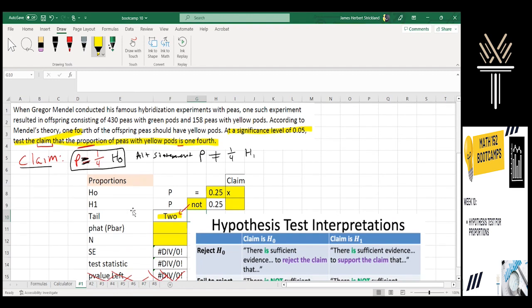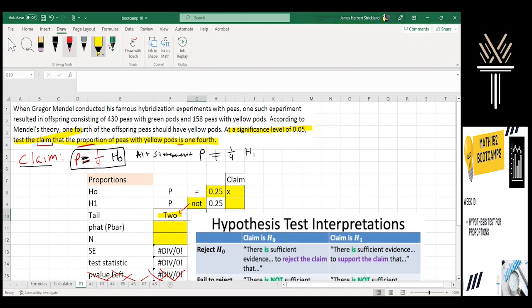So let's plug in our numbers. We need to find our p-hat. And of course, looking above, we can see that we're looking at some kind of frequency of yellow. So how many yellows do we have? We have 158. And how many pods do we have?